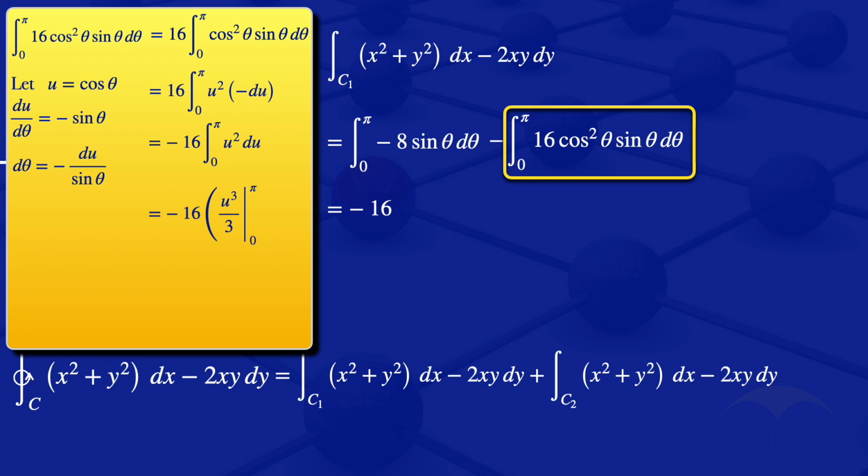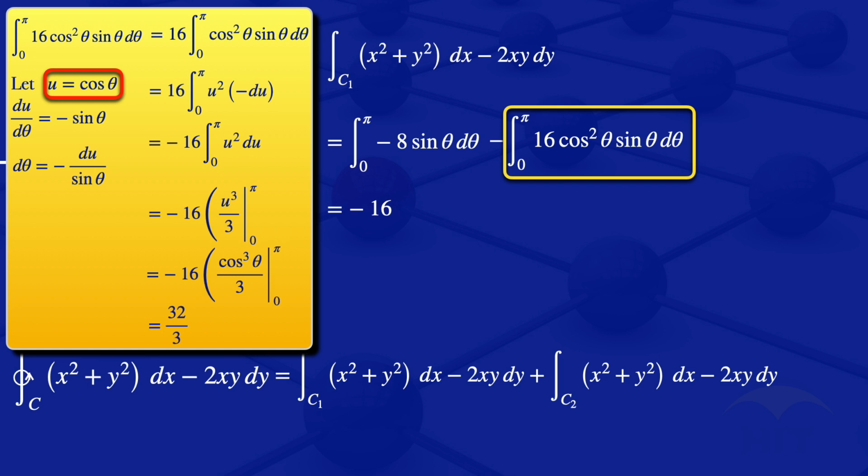But when we started evaluating this integral, we used the substitution u equals cosine theta. So we can now substitute where we are having u there. We substitute the cosine theta, and we would have minus 16 cosine cubed theta divided by 3. Then put the limits 0 to pi. And when you put in those limits, we get that the integral is 32 divided by 3.